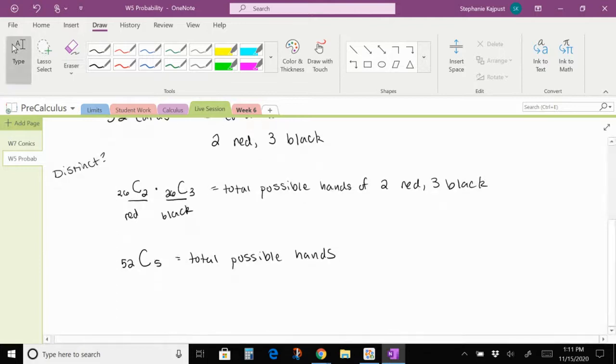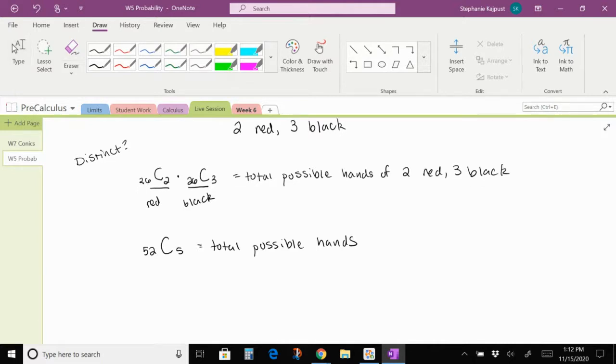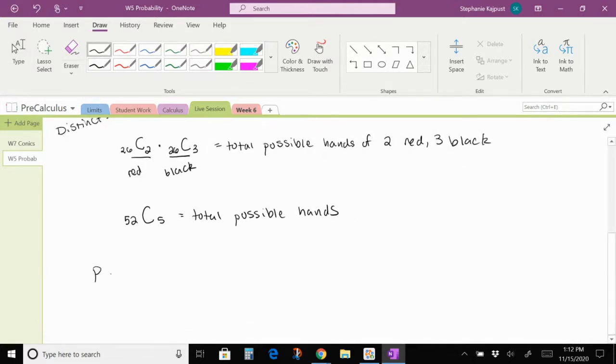So then once you've determined that, so we had to determine, okay, we can't use the independent, we can't just multiply probabilities, so we need to do some sort of combination, and we're setting it up like a counting problem where you multiply, then you set up the probability.